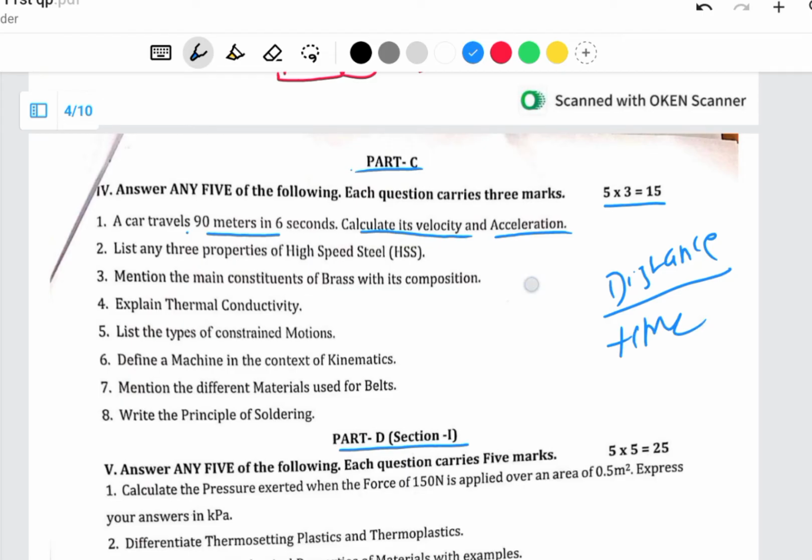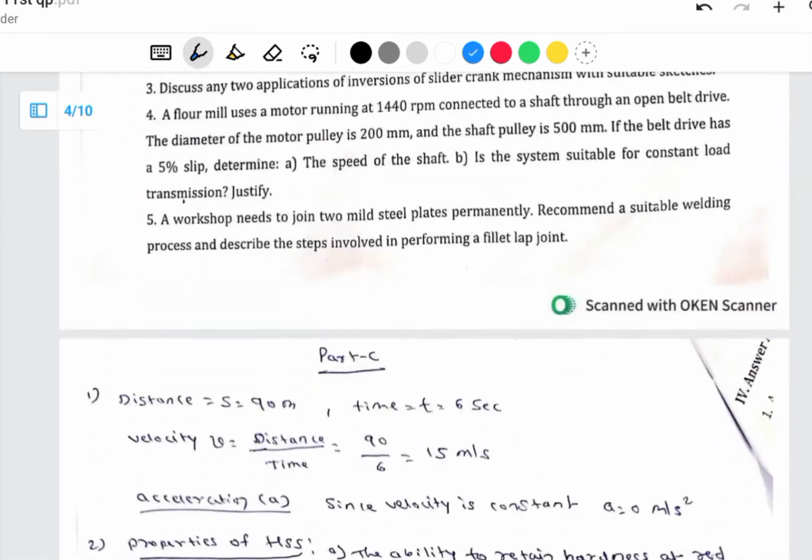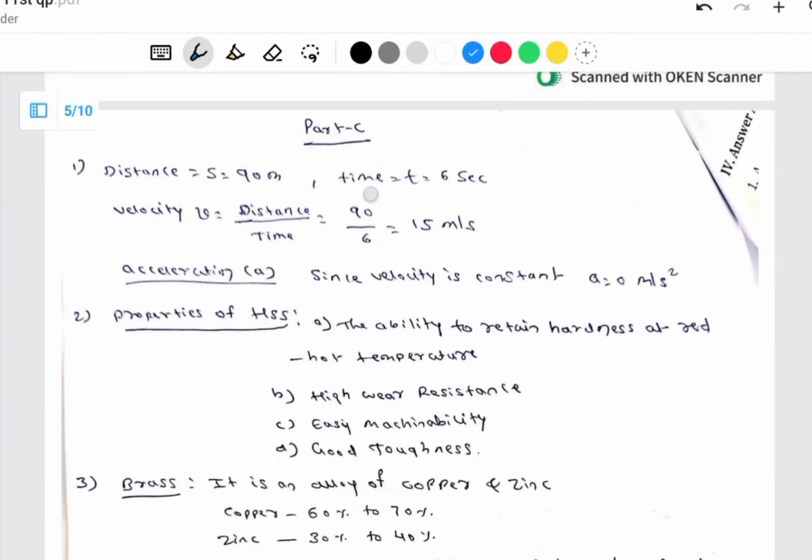Here the distance is 90 meters and the time is 6 seconds. When you divide 90 by 6, the answer is 15 meters per second. Here 90 is in meters and the time is in seconds, so the unit is meter per second. So this is how you can calculate.